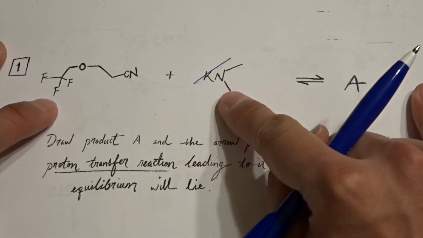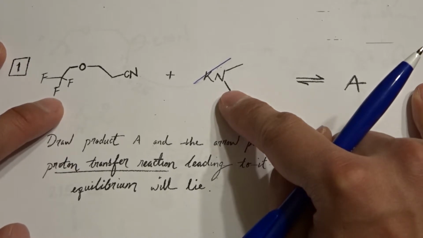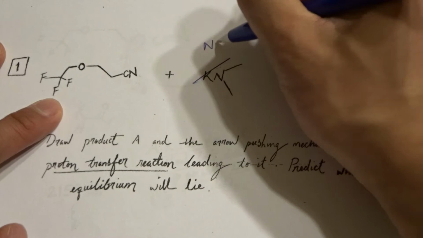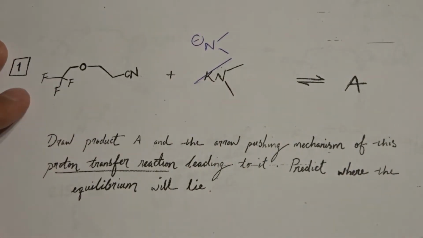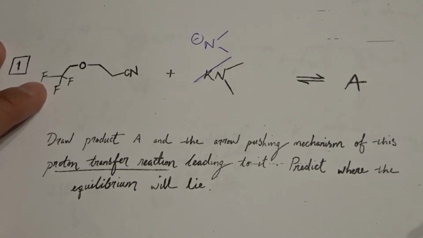So if you're drawing the net product, they would just cancel each other out. So you'll end up with an N minus. The minus is a giveaway that it is a strong base. So this molecule must be your acid.